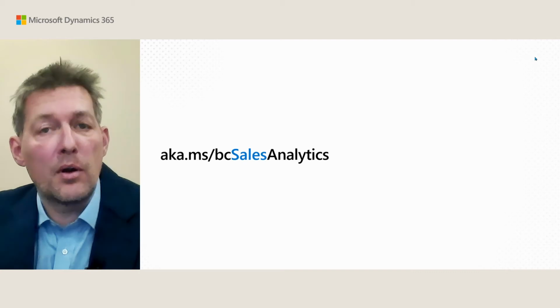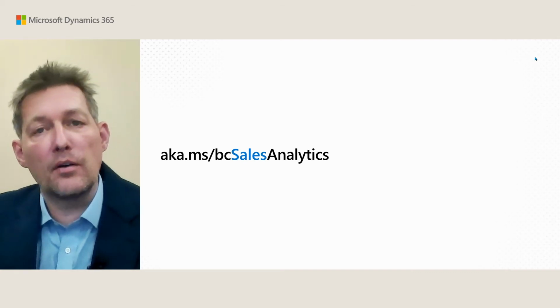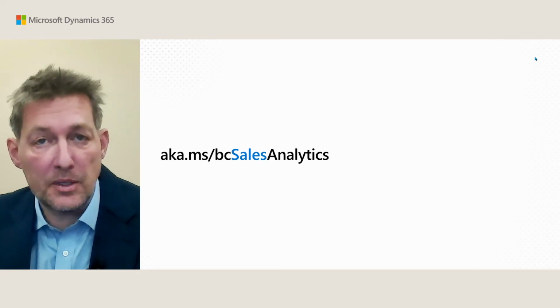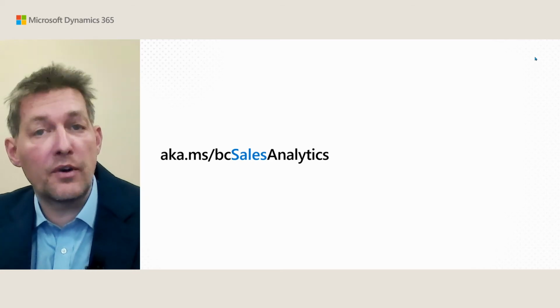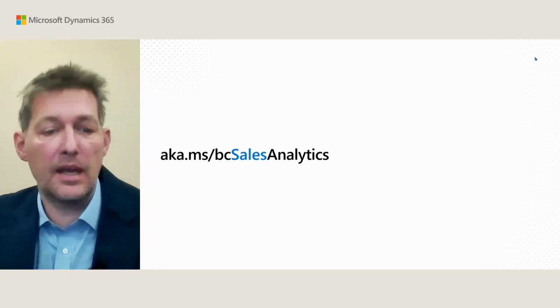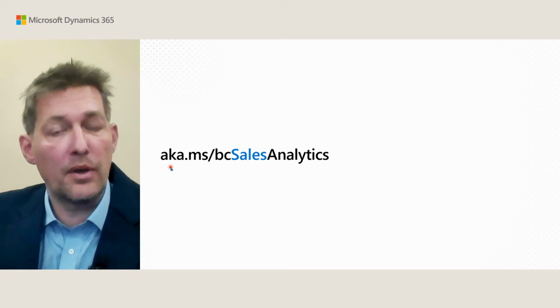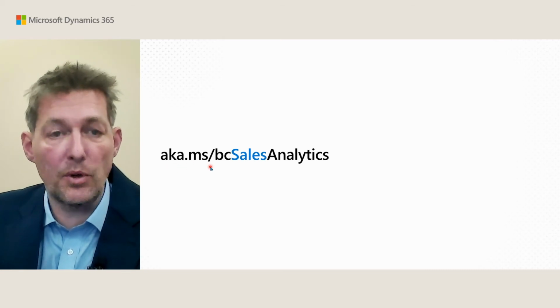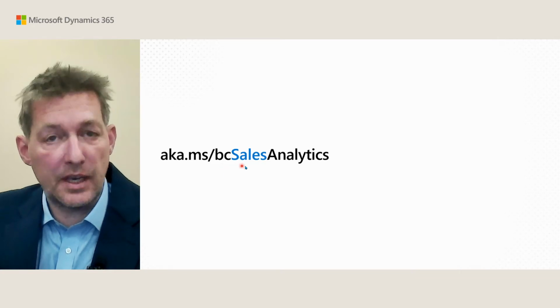If you want to learn more about this exciting topic of sales analytics, all of this is documented in our documentation for users, and the easiest way to find that is using this aka link here. So if you open a browser and type in aka.ms/BC sales analytics, this will take you to a landing page, and I'll just briefly show you what you can find there.